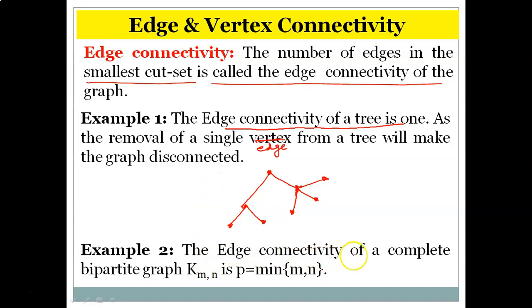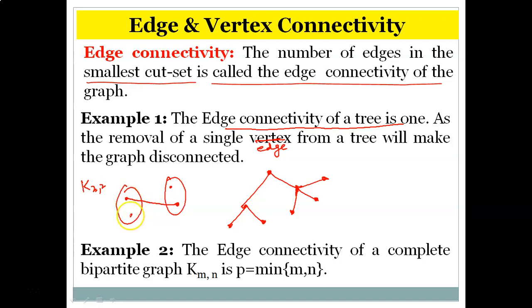Second, the edge connectivity of a complete bipartite graph K(M,N) is equal to the minimum of M and N. Suppose we have a complete bipartite graph K(2,2). In that case, we will be having two vertices there, two vertices there. That is the sense of 2, 2.